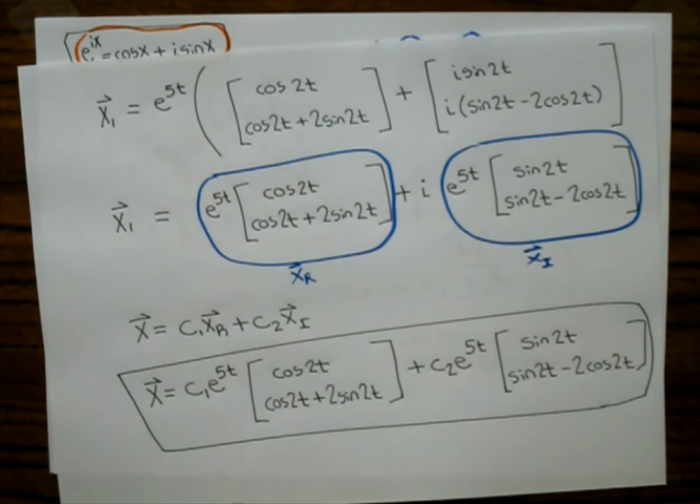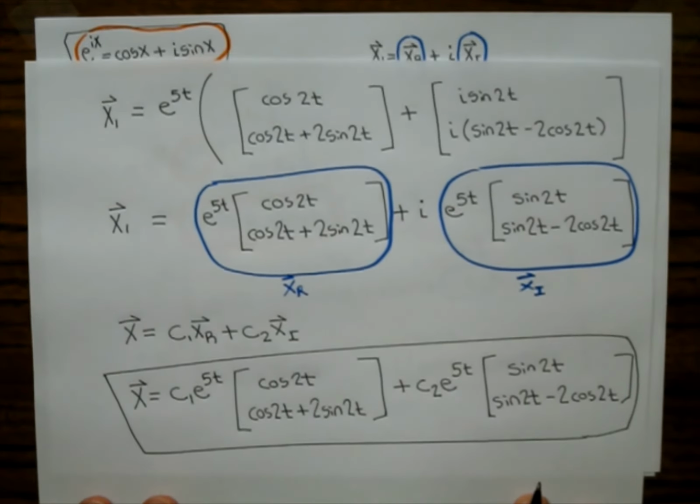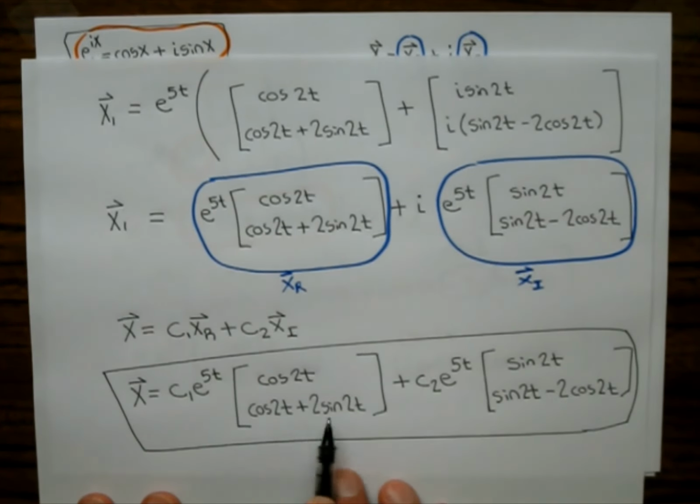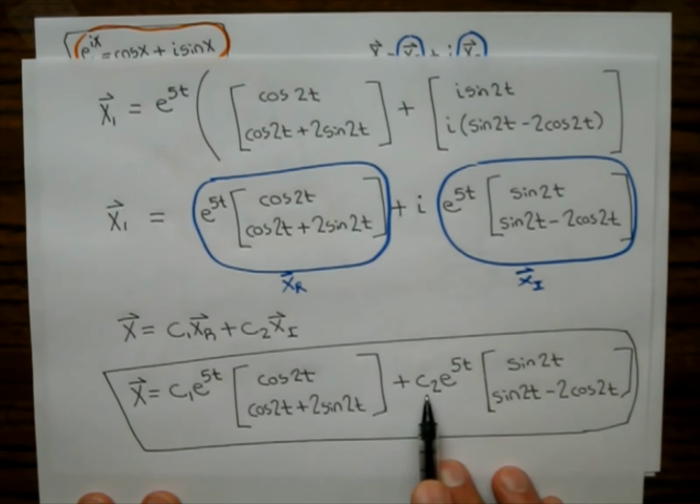Now, if you did the other eigenvalue-eigenvector pair, I think this would have been the same, and then this would have been a negative and a positive and a negative, which is actually just a scalar multiple of this one right here.